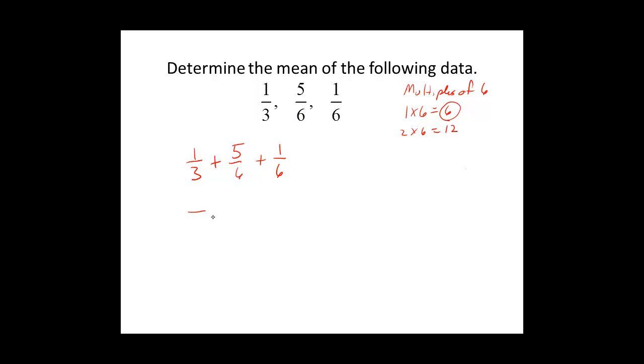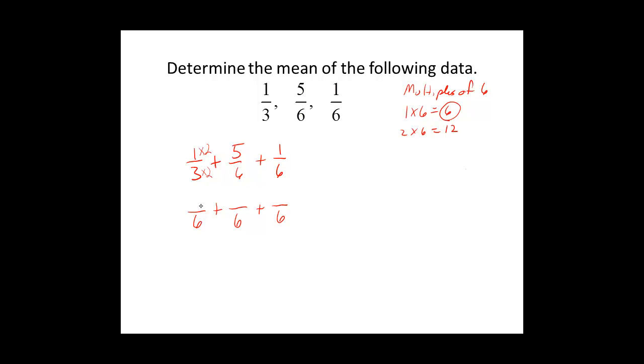So our least common multiple, our least common denominator, is 6. So we will write 6's in the denominators of all of the numbers. We ask ourselves, what did we multiply 3 by in order to get 6? We multiplied by 2, so we need to multiply the numerator by 2.